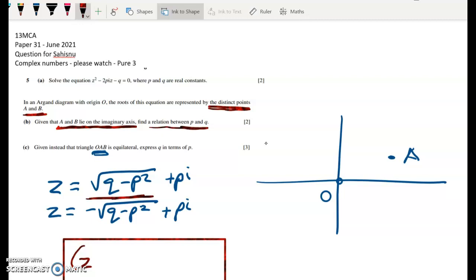If Q minus P squared is negative, then we get the thing that we just had when they're both on the imaginary axis. If Q minus P squared is 0, then both of these collapse down into one point, which is Pi. So the situation we're dealing with now is that this is positive, and so this is going to be the real part.